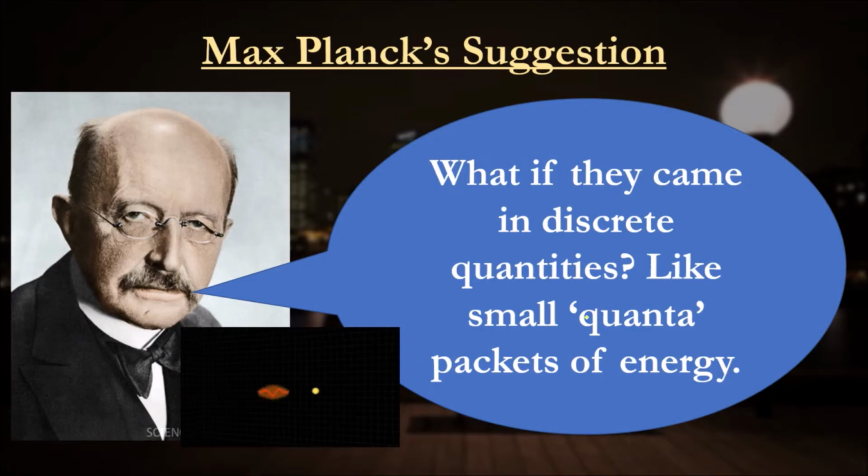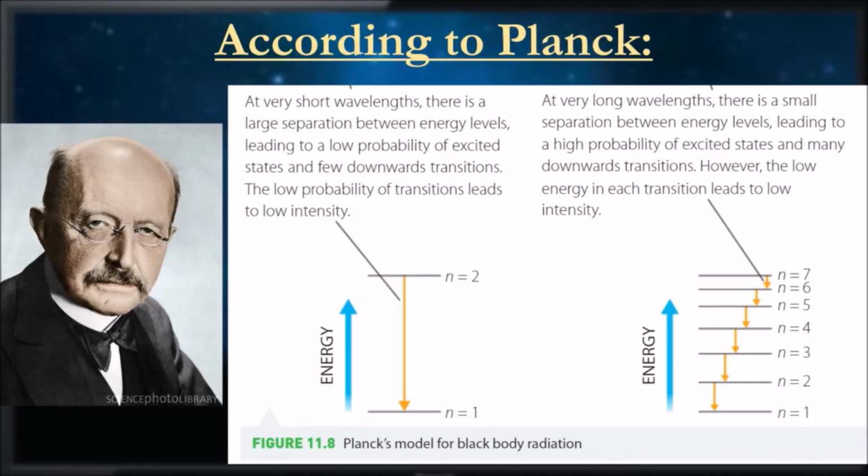So, to answer this issue, along came a man called Max Planck. He came up with a suggestion. What if the light that was being produced by black bodies were quantized, so they came in discrete quantities? So let's word it out in this format here.